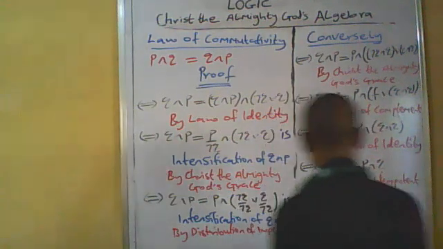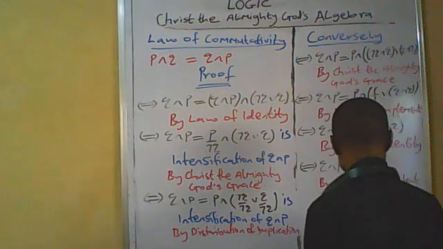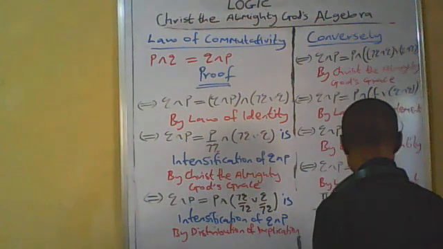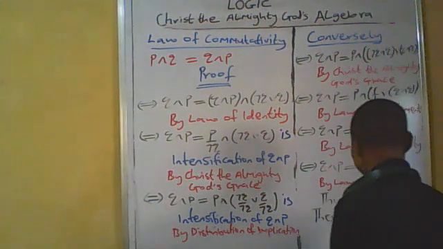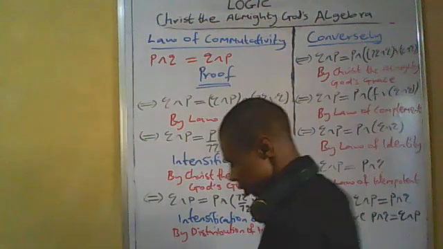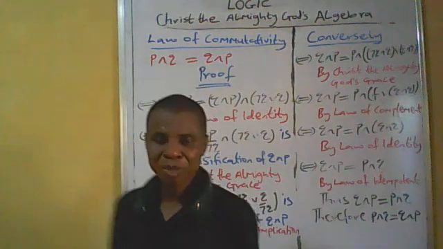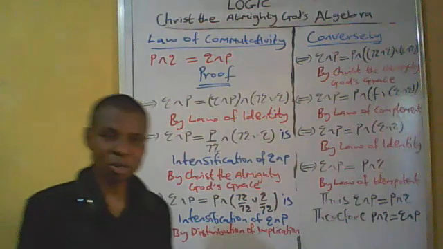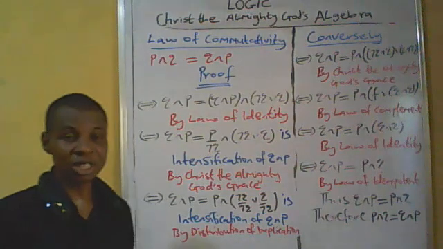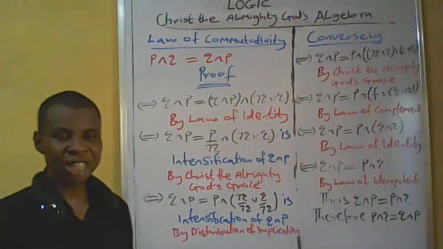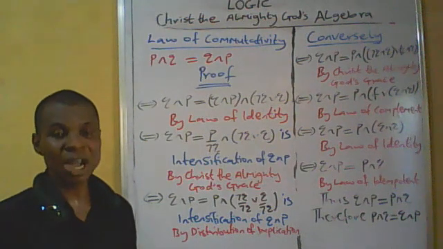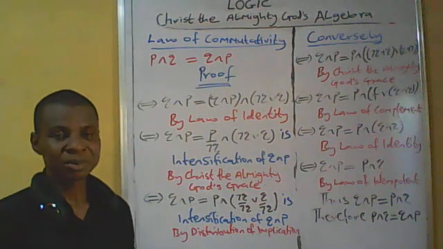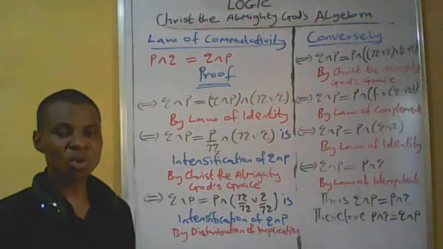Therefore, P and Q is equal to Q and P. We have now proved that the law of commutativity exists.